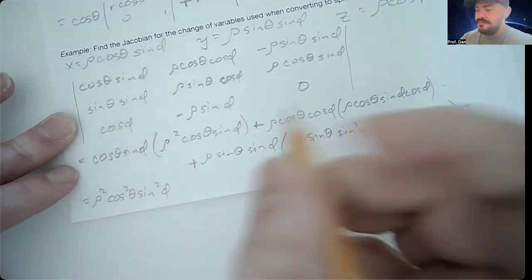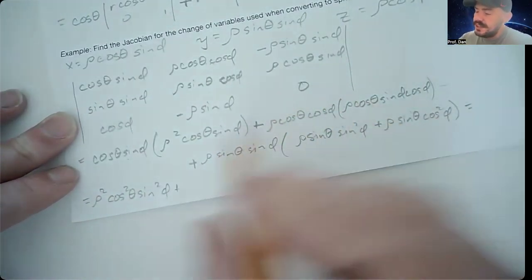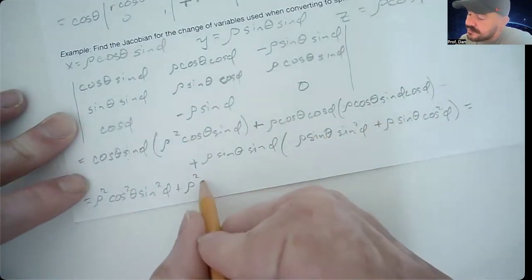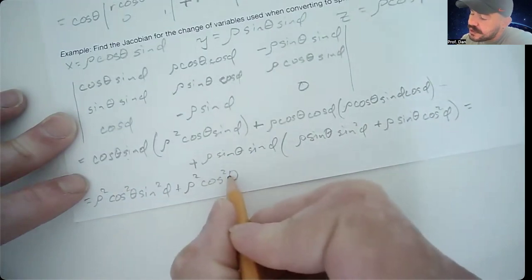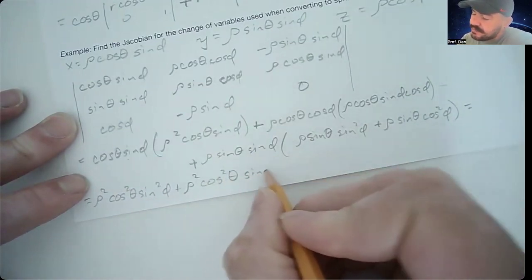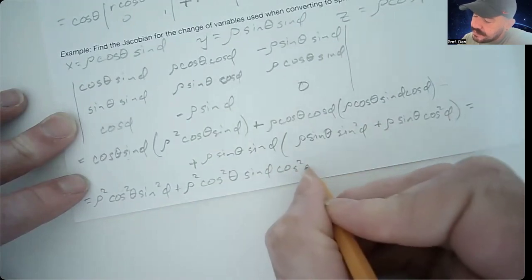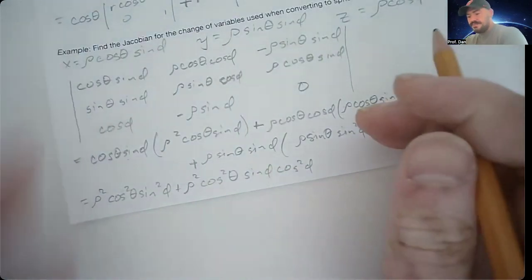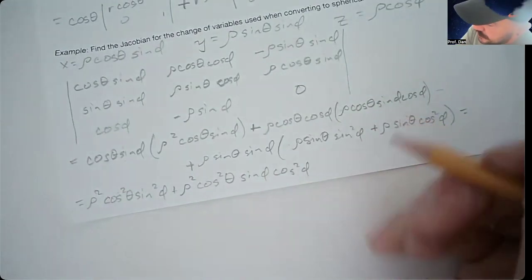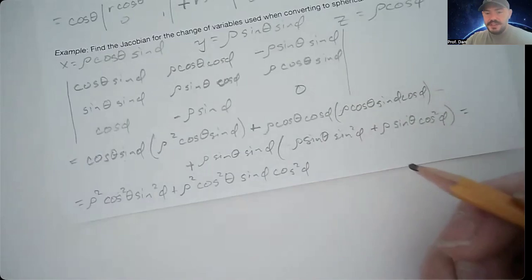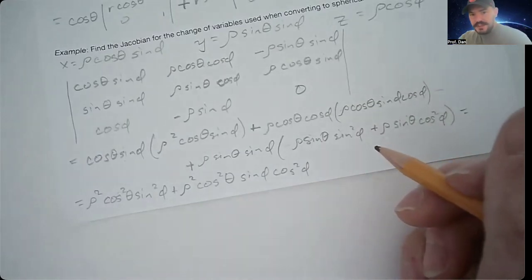If I multiply these together, I get rho squared, cosine squared theta sine phi, cosine squared phi. Before I multiply the last ones, I want to simplify something.